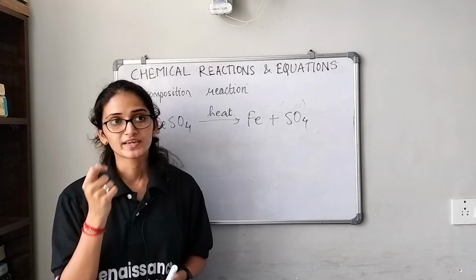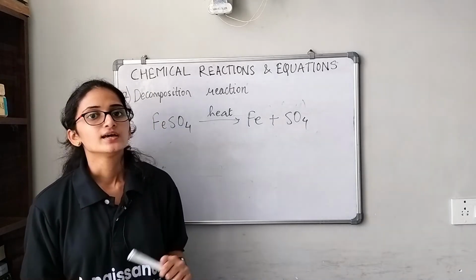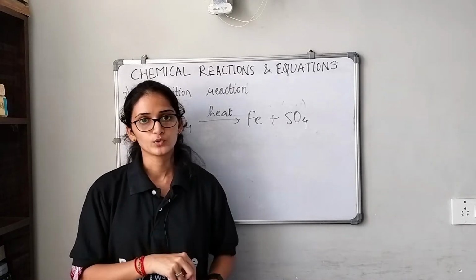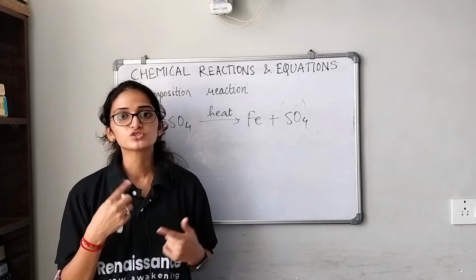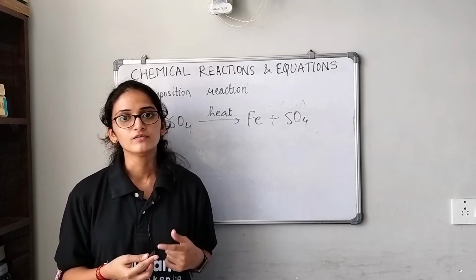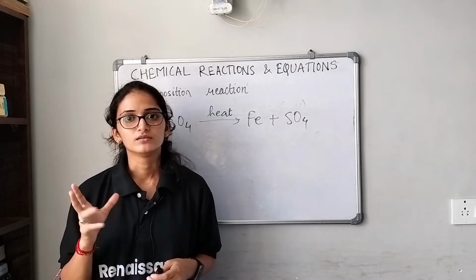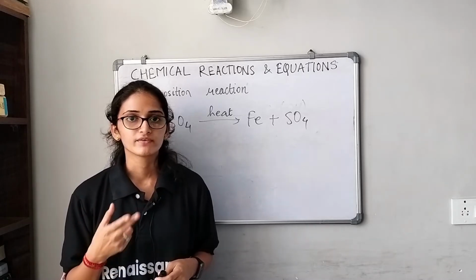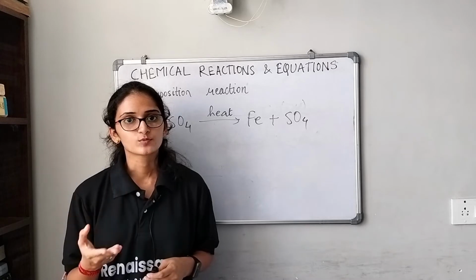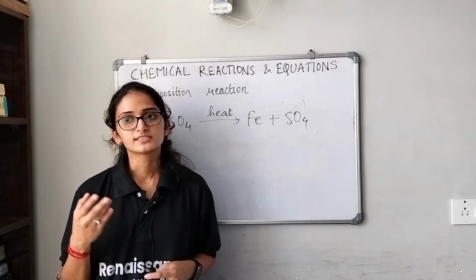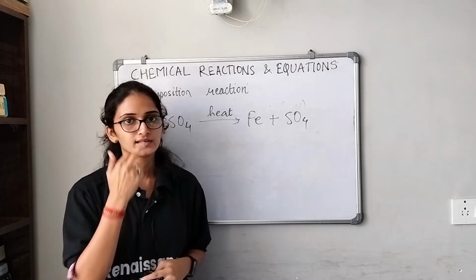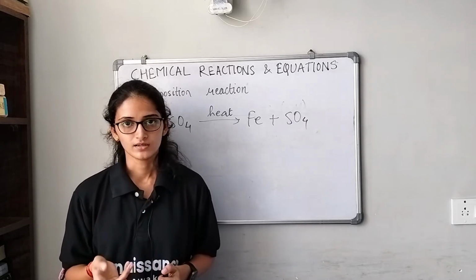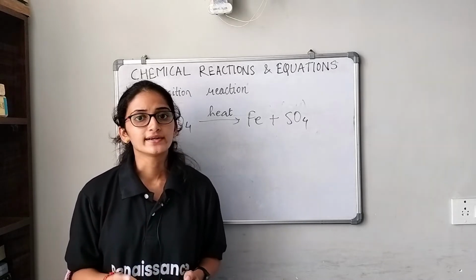Also, instead of heating we can use sunlight. When silver chloride is exposed to sunlight, what do we observe? It turns gray in color. When silver chloride is placed in sunlight, its color changes to gray. Why does this happen?